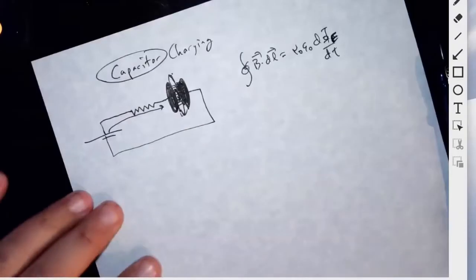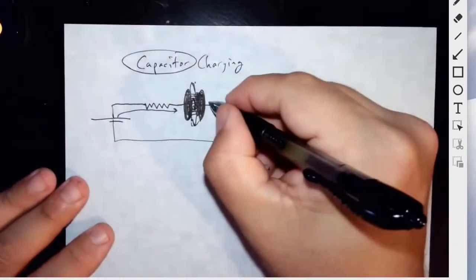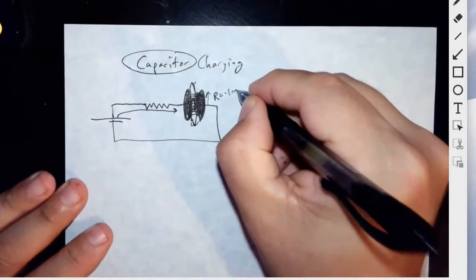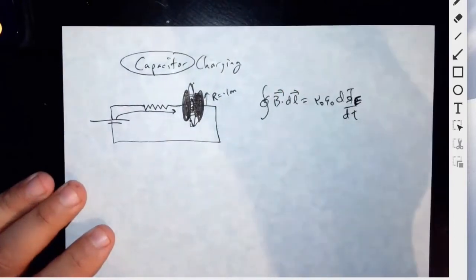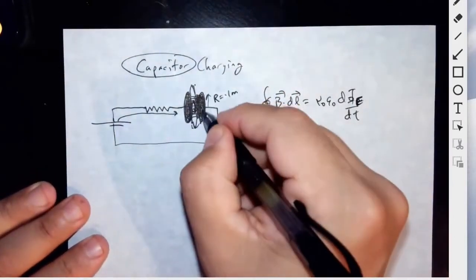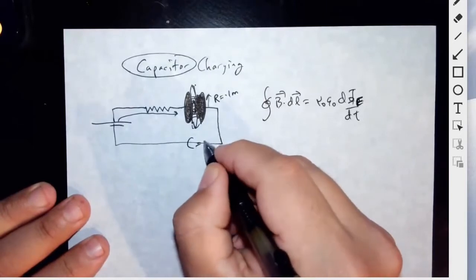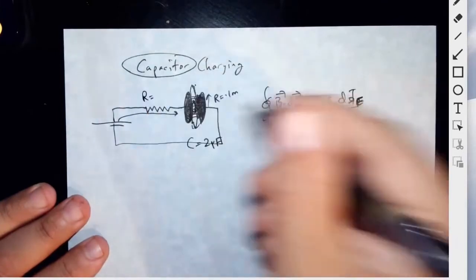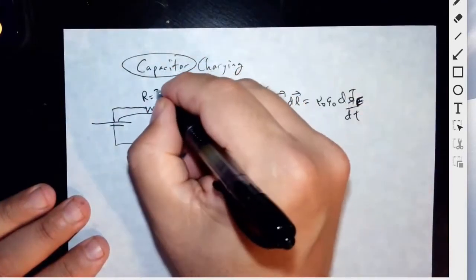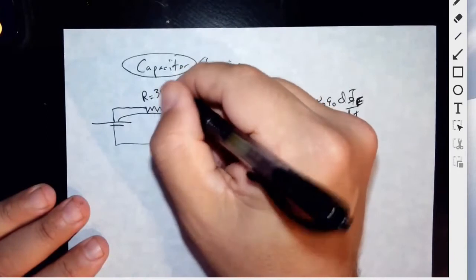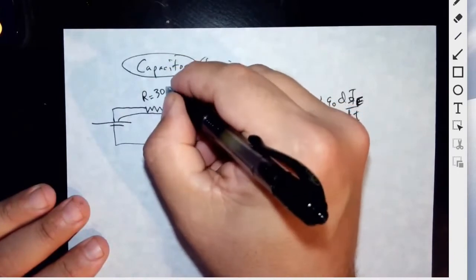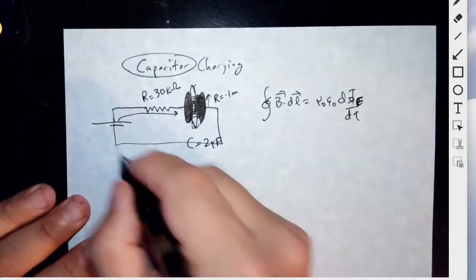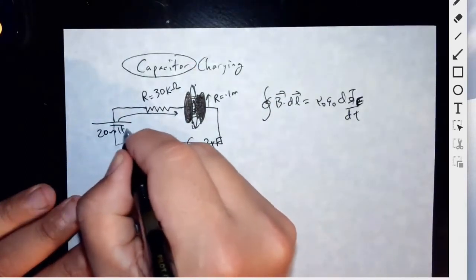Okay, so let's say we were to give the plates a certain radius, 0.1 meters. Let's give it a certain capacitance, 2 microfarads. And let's say the resistor is 30 kilo ohms. We can say this is 20 volts.